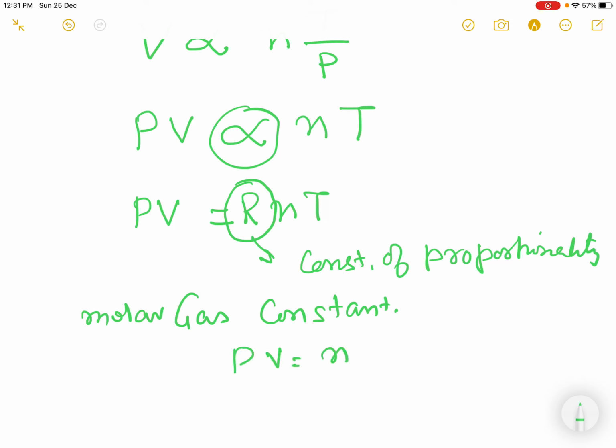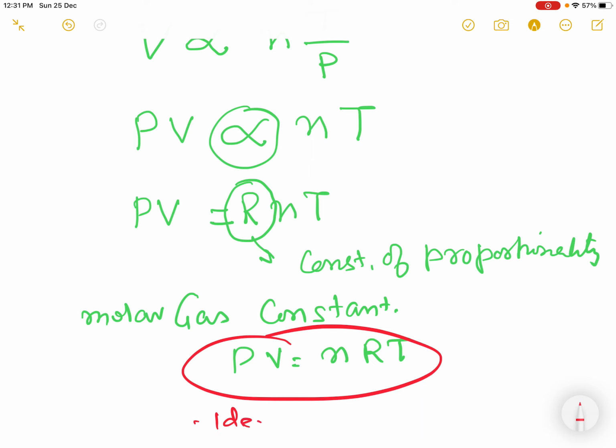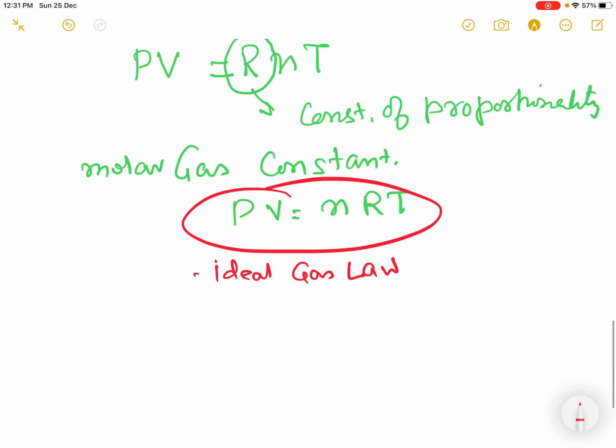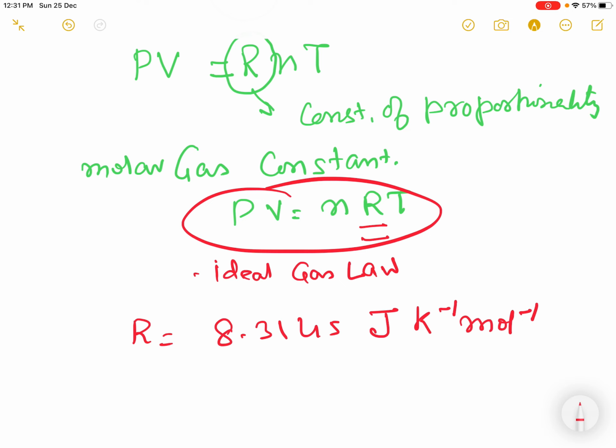PV is equal to nRT. This is ideal gas law. PV is equal to nRT, and R is the ideal gas constant, that is its value is 8.3145 joules per Kelvin per mole. This is the value of ideal gas constant.